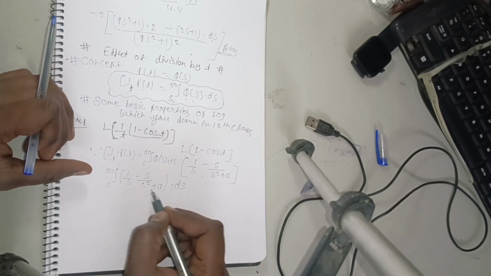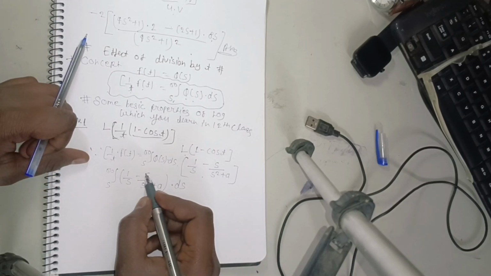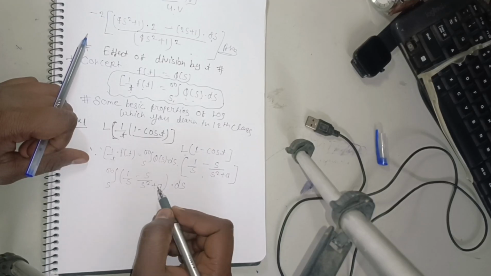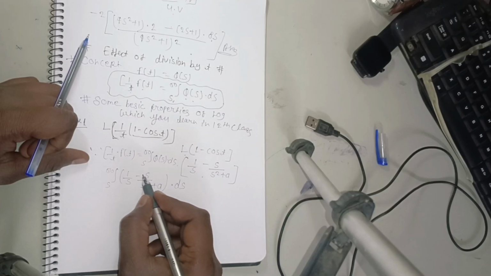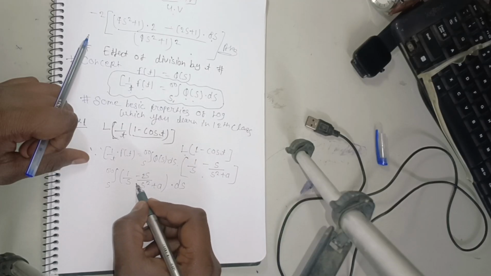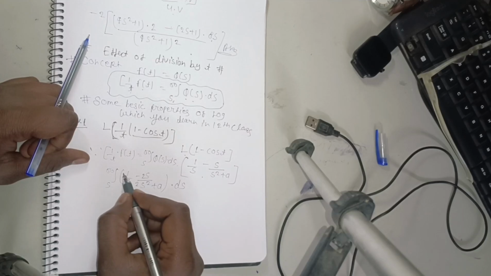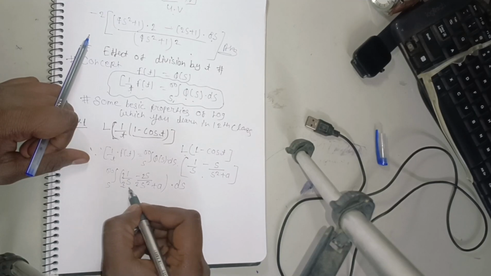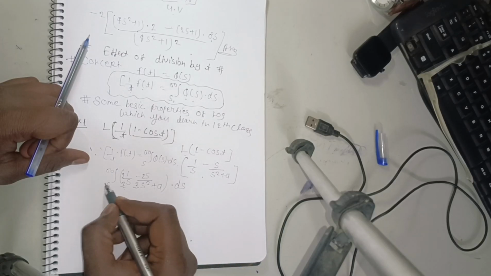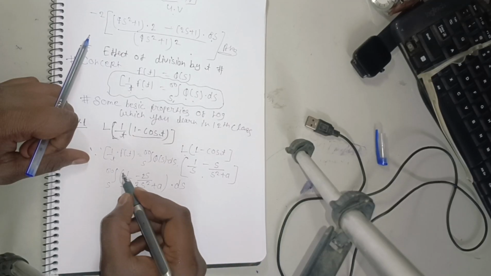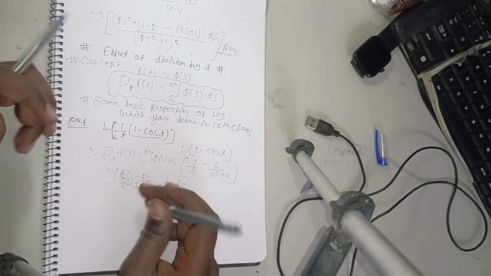So here I will balance it. Here I will multiply by 2 upon 2, here also 2 upon 2. So this 1 by 2 can be taken common, and this 2 upon s will give 2 log s.